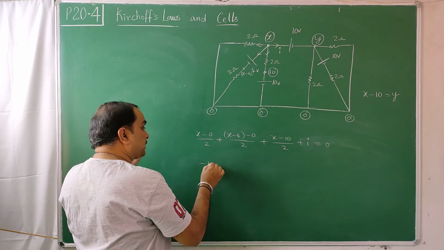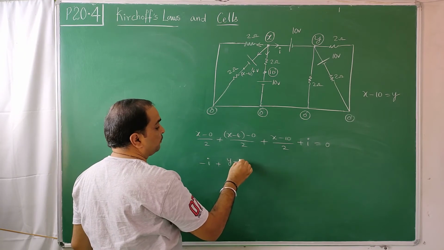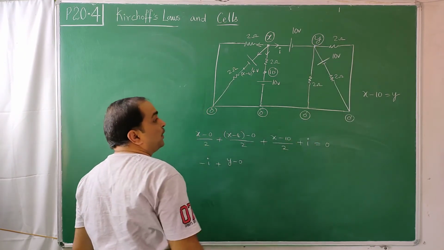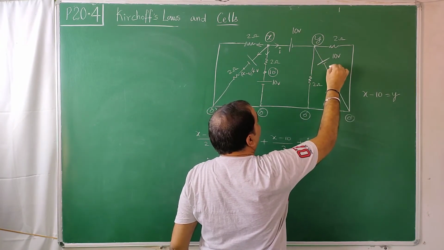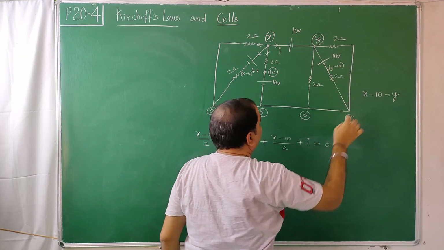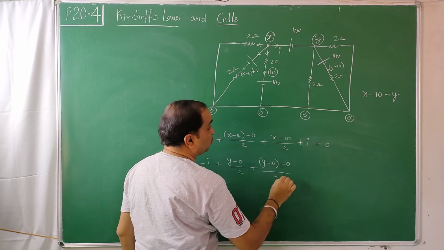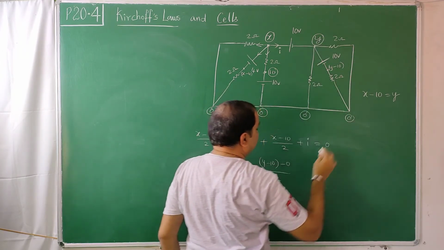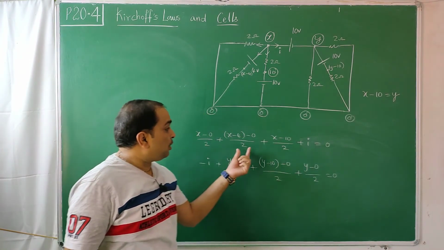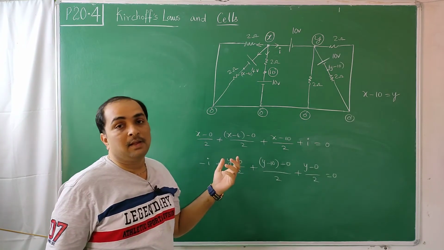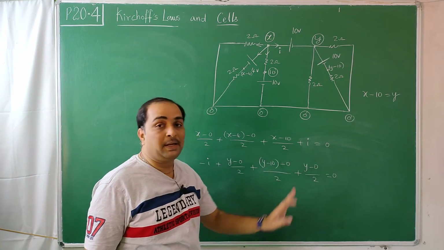Incoming current is negative, minus I. Remaining are outgoing currents, Y minus 0, we are writing Y to be higher, 0 to be lower, by 2 plus Y minus 10 minus 0 by 2. Directly, Y minus 0 by 2. By taking all positive quantities, summation is 0 means there should be an algebraic number which is negative that takes care of some positive numbers and gives 0. So we have properly done.